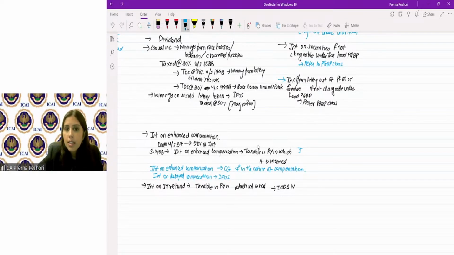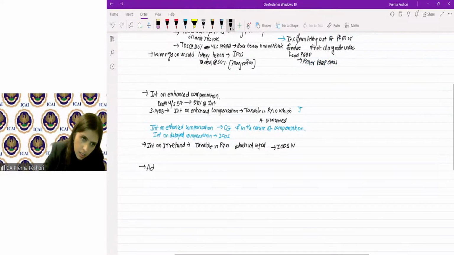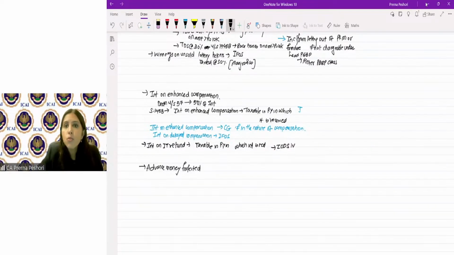Okay. Now the next one is advance money forfeited. Remember, in the last class I told you there is one section 51 which is pending, which I will deal with when I go back to income from other sources. Say you have received advance money from the buyer, and for whatever reason the buyer is not honoring its obligation, so you forfeit the advance money.